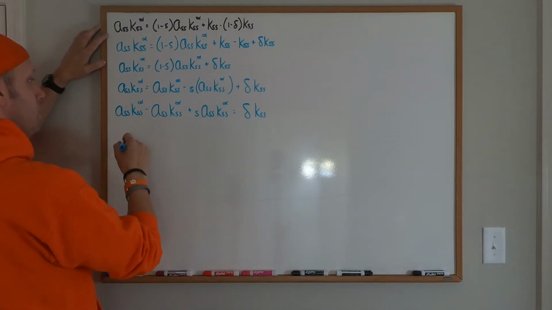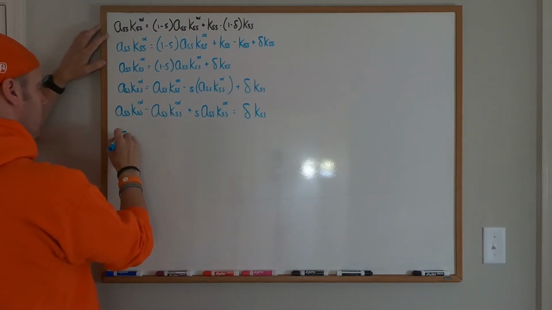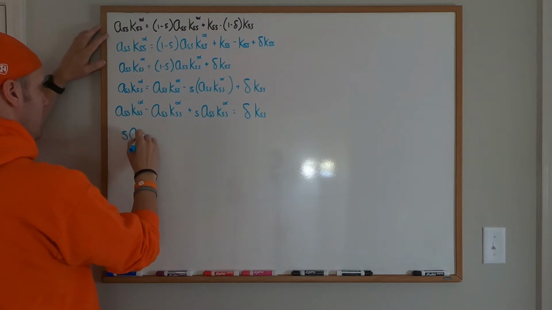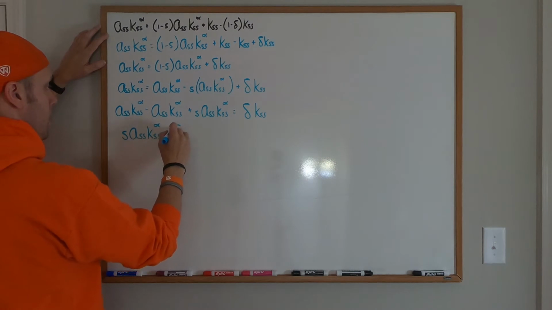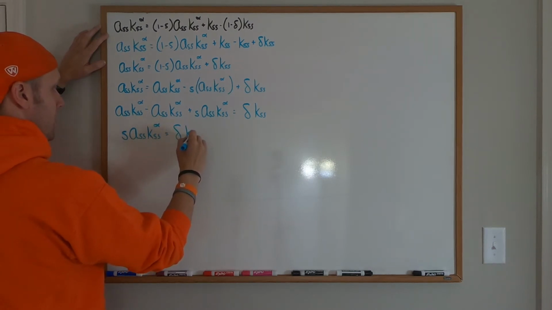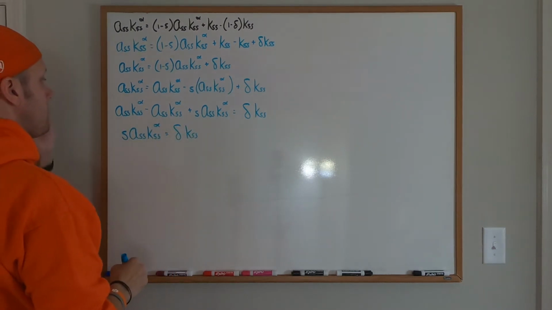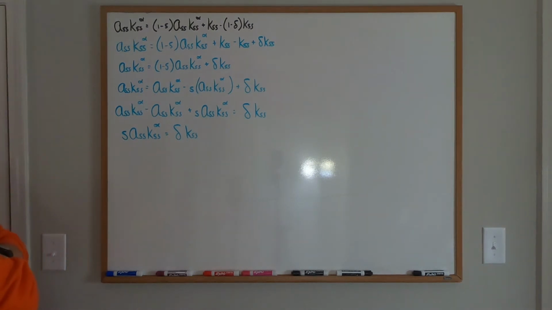These will go to 0, so now I just have S times ASS, KSS to the alpha, equals delta times KSS. Not bad. What else can we do?